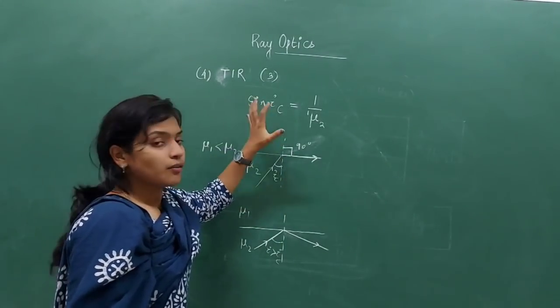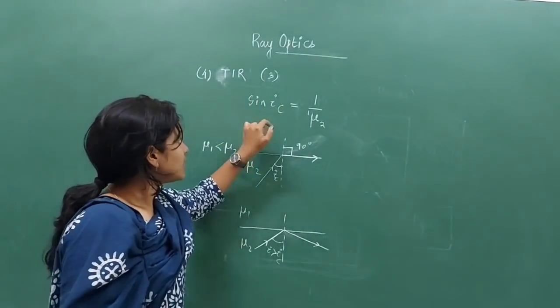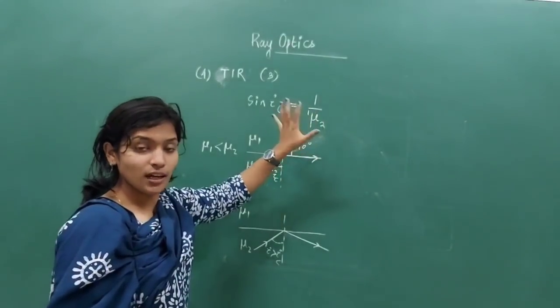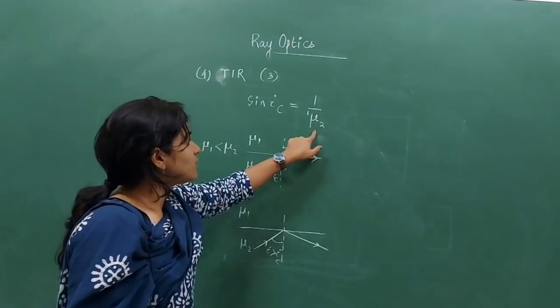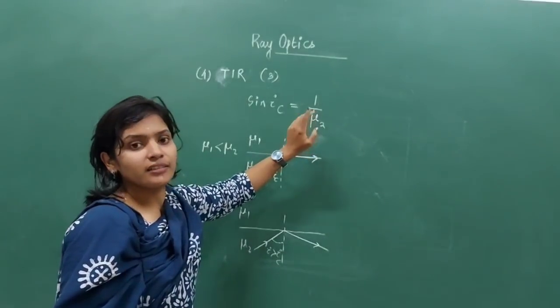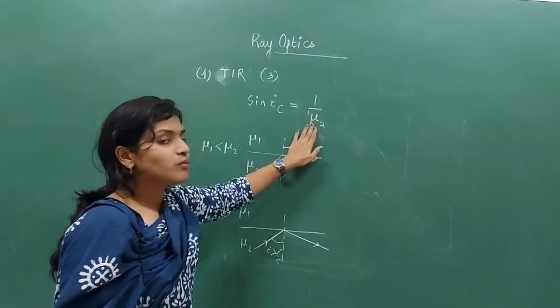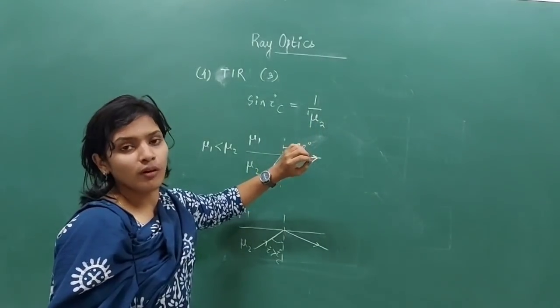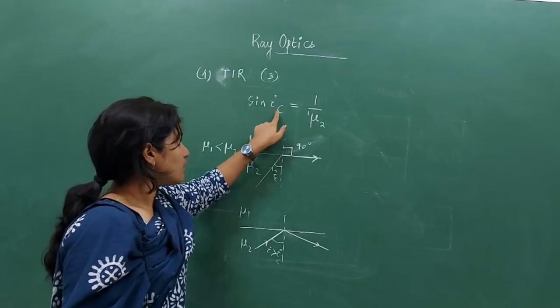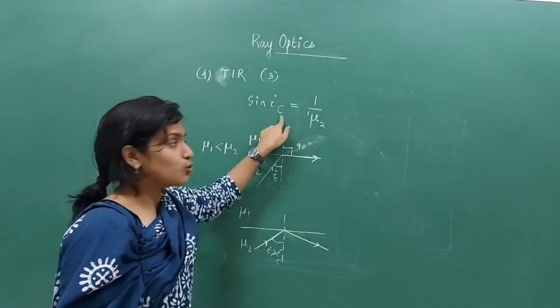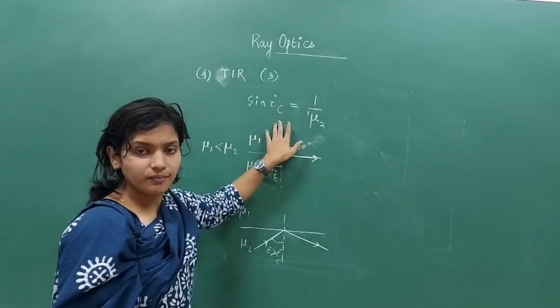If the wavelength changes, then mu will also change. As you know, the refractive index of a medium is inversely proportional to the wavelength of light. That means the critical angle of a medium is directly proportional to the wavelength of light.